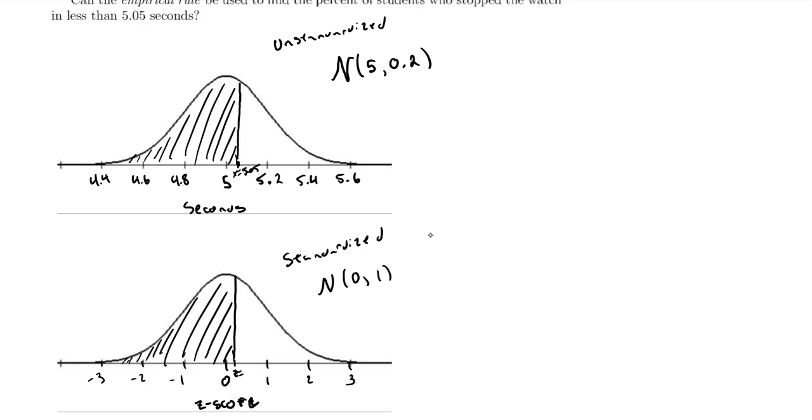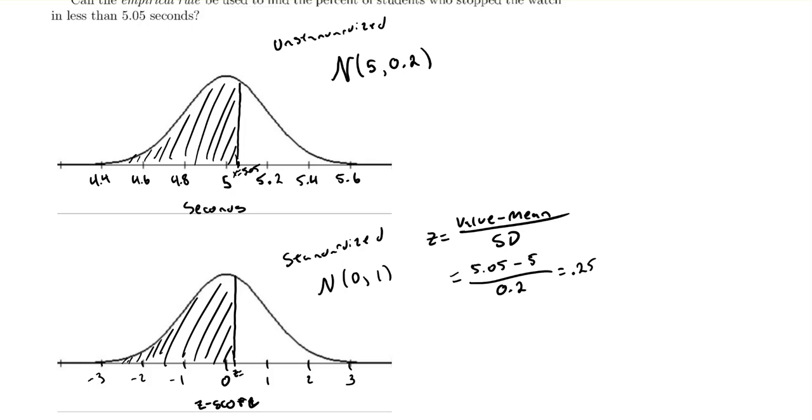I know that our z-score is value minus mean divided by standard deviation. In this case, from our unstandardized picture, the value we have is 5.05. That's what we're interested in. Our mean was 5 and our standard deviation was 0.2. So that leaves us with a z-score of 0.25.